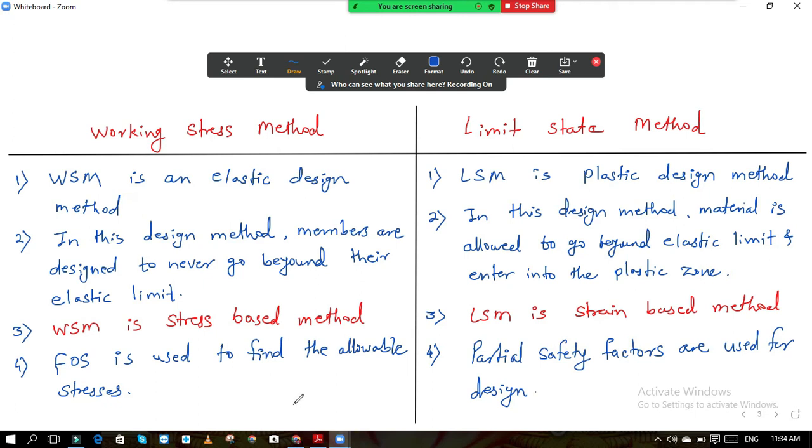It will give appropriate signs, such as diagonal cracks, slight bending and cracking, so that by looking at the member you can say it is going to fail. But when you design a member by the working stress method, it suddenly collapses without giving any cracking warning.